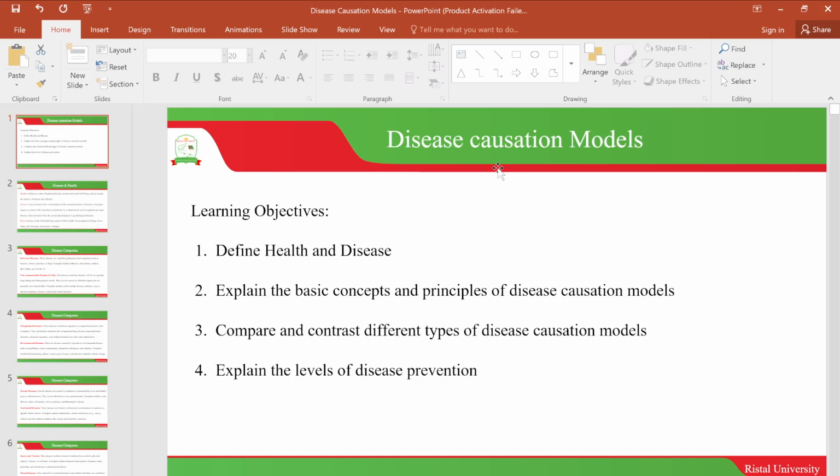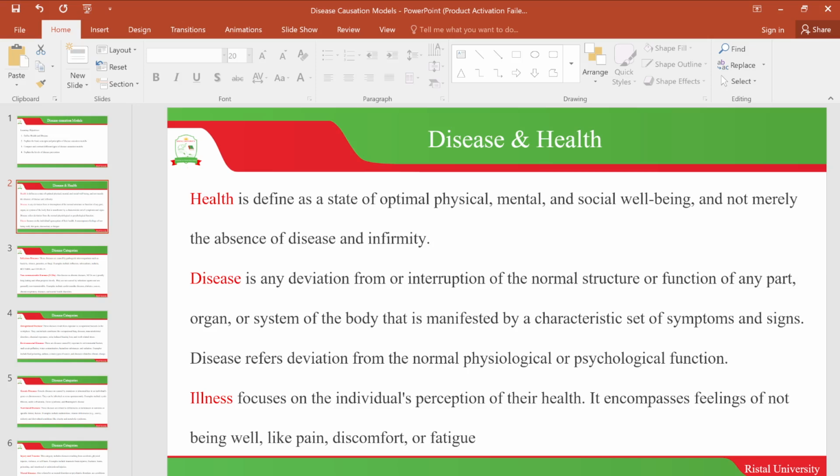So we shall talk about the concept of diseases and disease causation models, and how we can really apply them in the prevention of diseases. So starting with health as a concept, from your first lecture about public health, you must have looked at what health is.